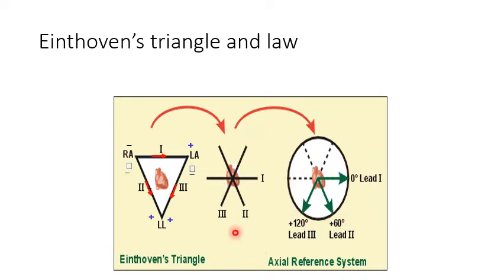So all of the 3 leads have positive angles. This is what we call the axial reference system. And this is actually the triaxial system. We call it the triaxial system because it's composed of 3 leads.